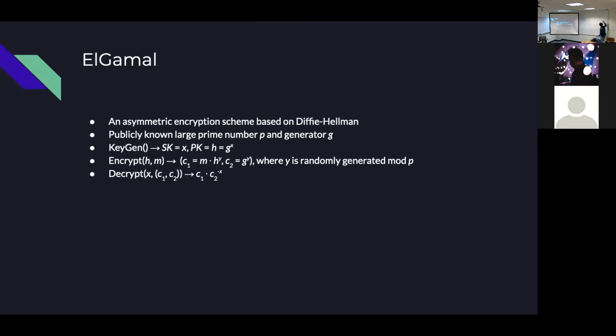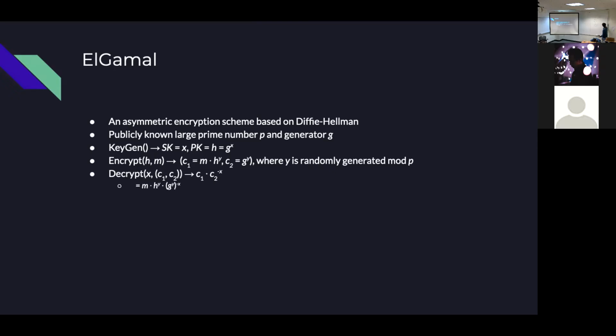And finally, to decrypt, we need to take in the secret value X as well as C1 and C2. What we want to do is derive this G to the XY again, and we can invert that and recover the original value of M. So let's walk through this step by step.